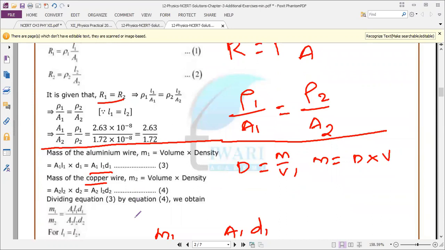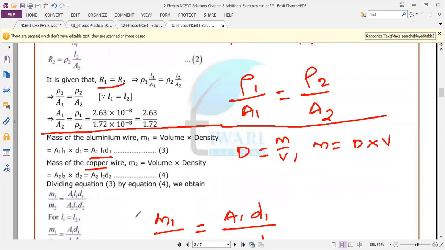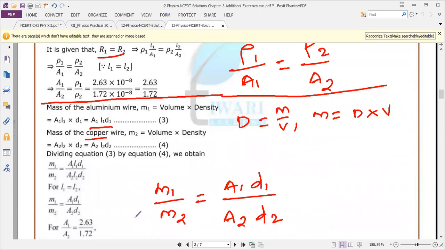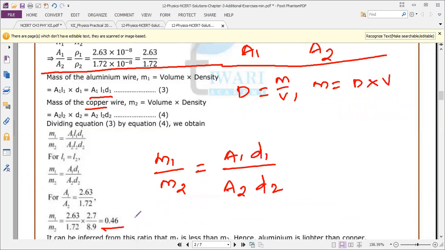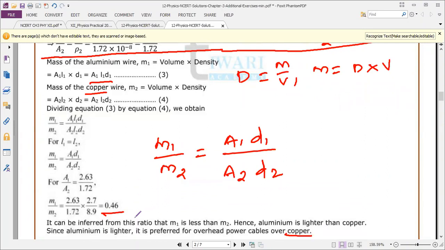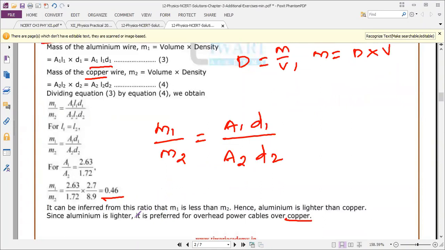Next, related with the mass. So mass equals density into volume. Volume formula is A into L, A1 L1. For copper also A2 L2 D2. Then M1 divided by M2 equals A1 by A2 into D1 by D2. A1 by A2 value is 2.63 divided by 1.72.